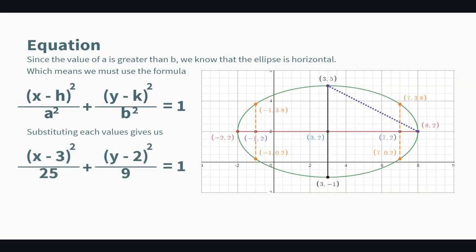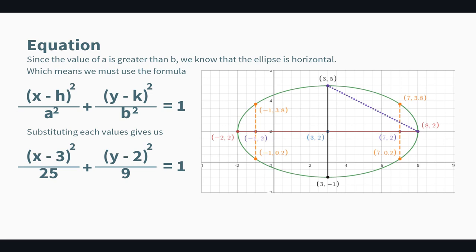Now on to the equation. Since the value of a is greater than b, we know that the ellipse is horizontal, which means we must use the formula (x - h) squared all over a squared plus (y - k) squared all over b squared is equal to 1. We just have to input the values of h, k and a and b.